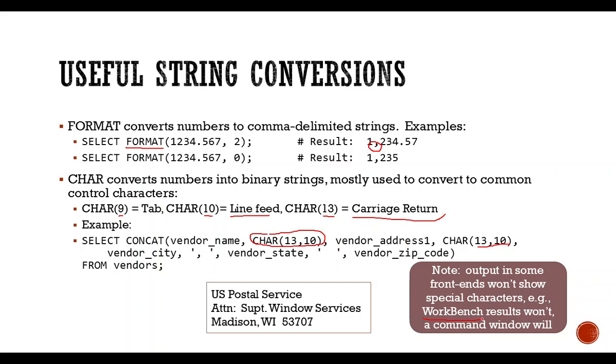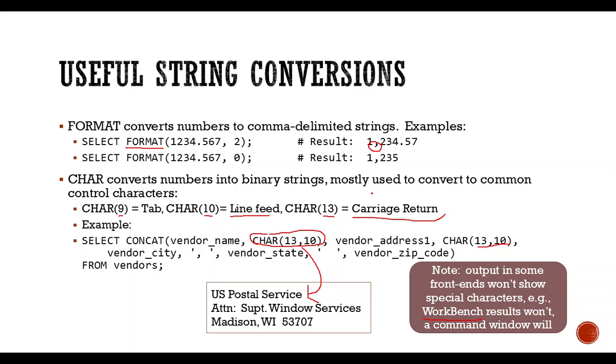If you know anything about HTML, that's a common thing that happens. So you won't see this working if you use Workbench, but if you happen to be using a command line interface, which MySQL does offer as well, you can use this and it will actually look right. So this carriage return line feed makes sure that this and this are on 2 separate lines, and so we can make sort of an address label using this.